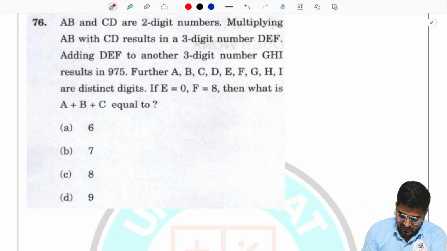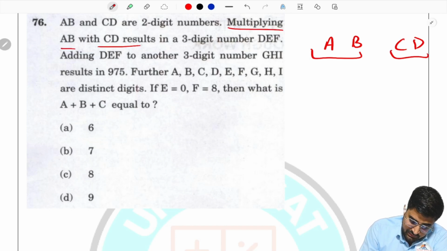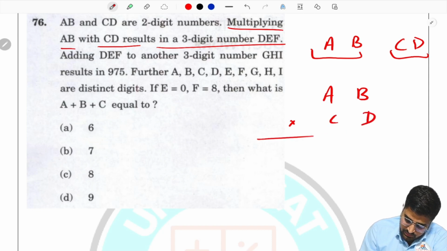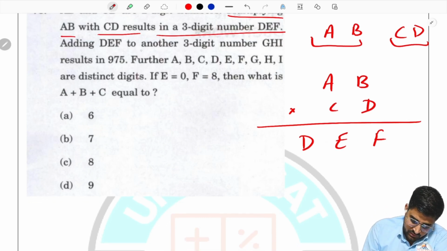Now, for the sake of discussion, let's start. The question says AB and CD are two-digit numbers. Multiplying AB and CD results in a three-digit number DEF, which means AB is going to multiply by CD and we get DEF as the answer.